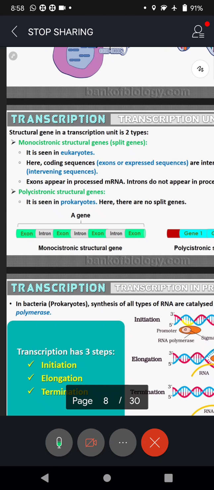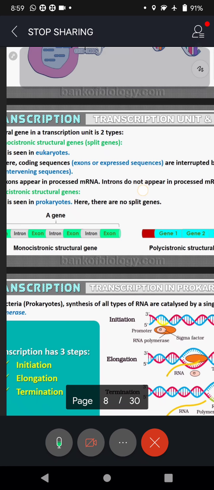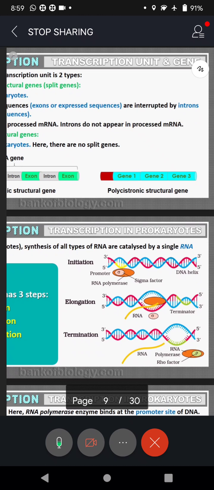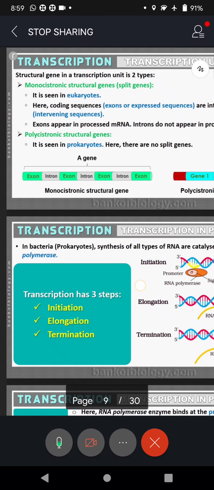This is how the monocistronic gene will be there. And polycistronic is seen in prokaryotes. Here there are no split genes. Now there is no splitting. Genes are present in a row, continuous. Polycistronic structural gene: gene 1, gene 2, gene 3, like that. That is the difference between monocistronic and polycistronic.